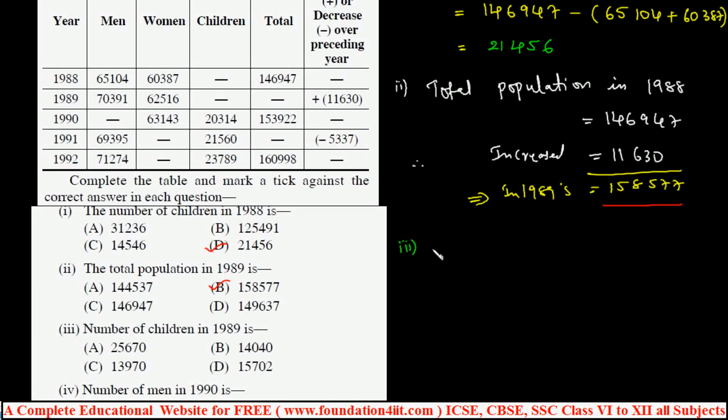So number of children in which year? 1989. In 1989 total we got already this, that is 1,58,577. So from 1,58,577, from this subtract the sum of the population of the men and women.